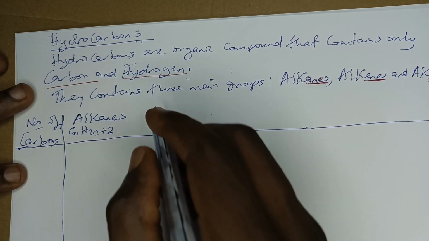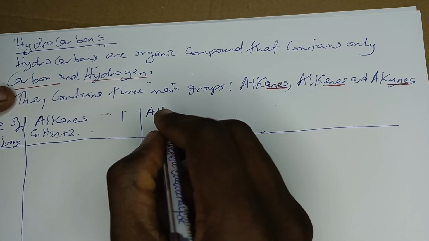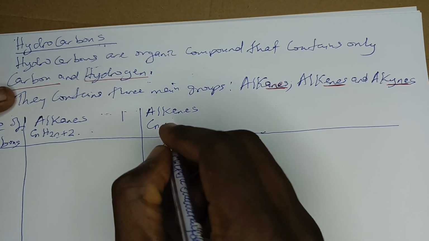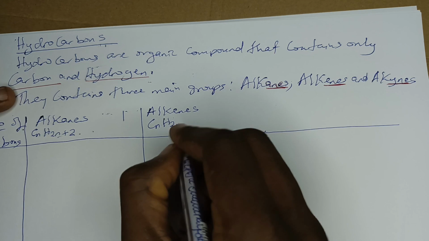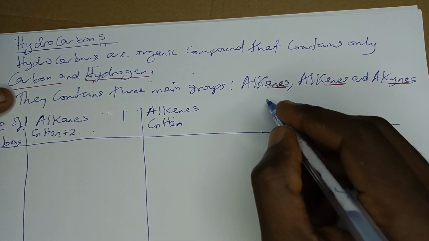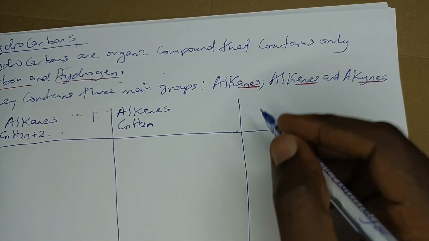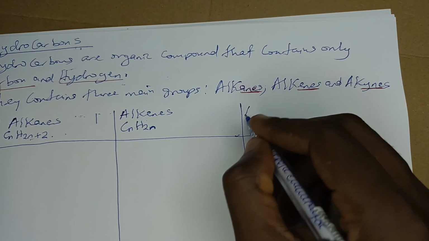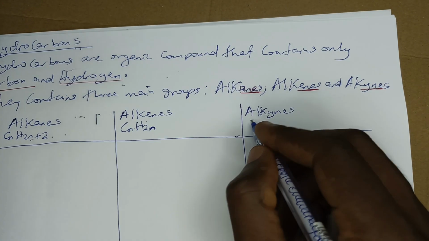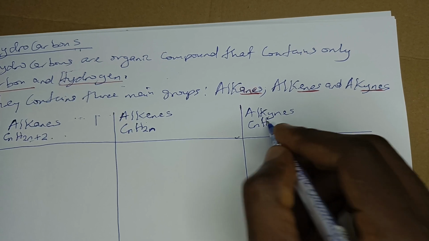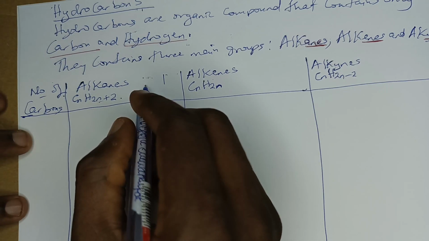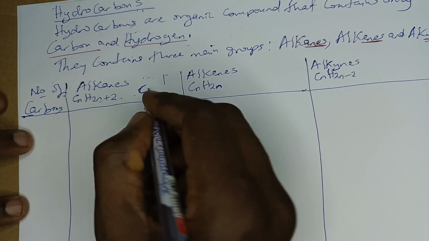The alkenes have the general formula CnH2n, so I write it down also. And the third one, the alkynes, have CnH2n-2.